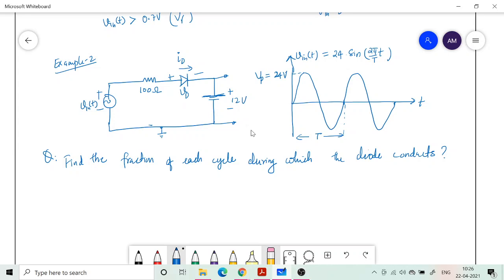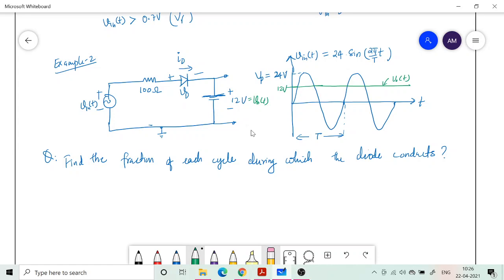Output is basically 12 volt here if you take this as the output, but that's not interesting to find out, because it is a DC voltage source, so the output will always be 12 volt. If I draw the output voltage, it is just a flat line at 12 volt. It doesn't change at all.